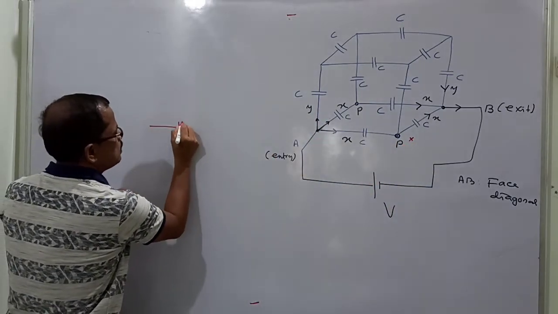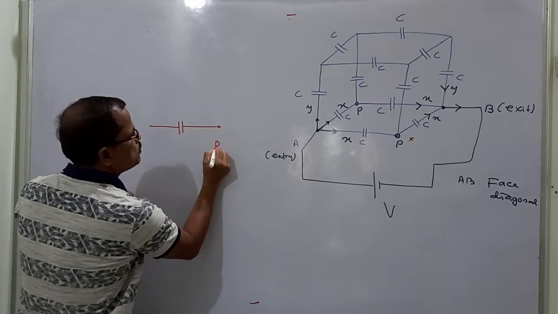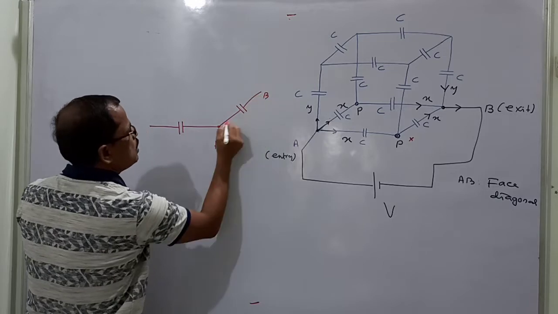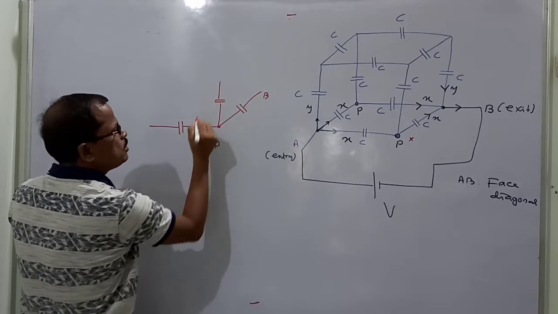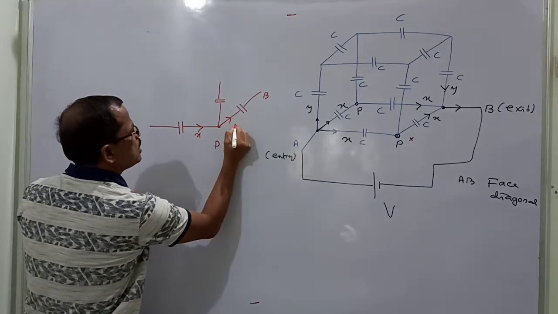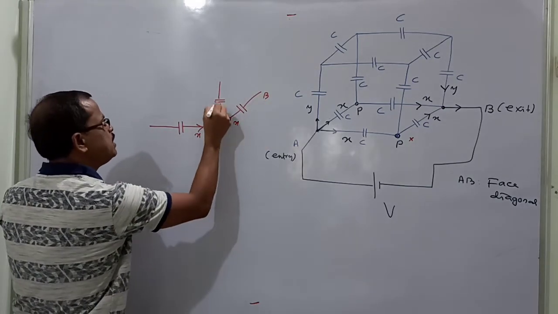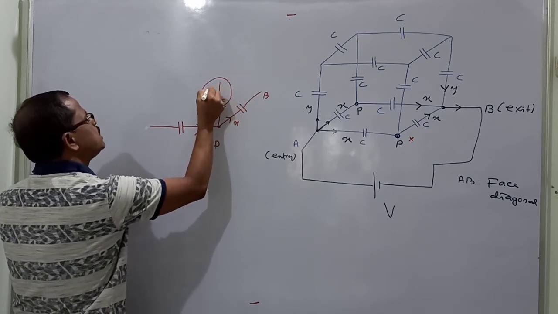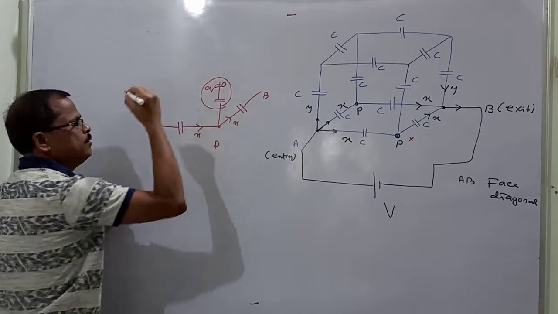This is a capacitor, and the name of the point is B, and there is a connection. It is observed that charge x is coming here and the same charge is going along this line. That means this capacitor does not carry any charge, so here the charge Q is equal to 0.